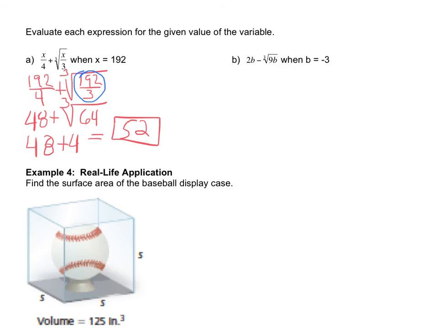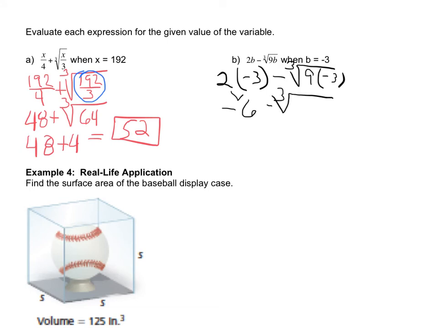On the next one, so again, I'm going to plug in when b is negative 3. So 2 times negative 3 minus cube root of 9 times negative 3. So a couple of things. I can certainly do this first multiplication because it's really not going to be connected to the other piece. When I come over here, the first thing I want to do is not the cube root of something.